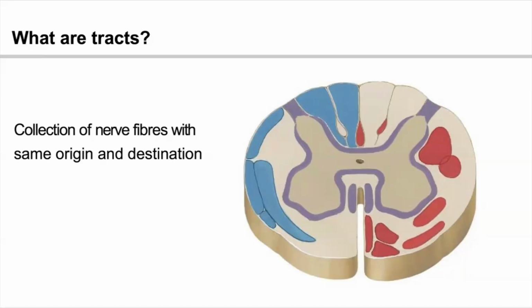When a group of neurons, think about a neuron and its axons, flock together or join together to form a bundle of fibers, and they start from one region and reach the same destination point, then it's known as a tract. So we will learn at length the tracts shown in here in red are the descending tracts, and shown in blue are the ascending tracts.